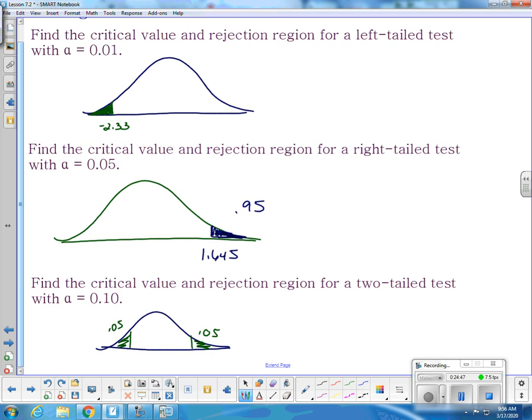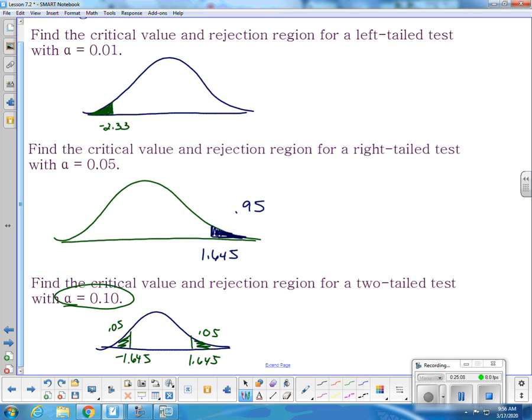So we already knew 5% is 1.645, and you're at negative 1.645. So anywhere in either of those rejection regions, either below the negative or above the positive. Okay, so remember the significance level, you're going to split in half if you're looking for the rejection region.